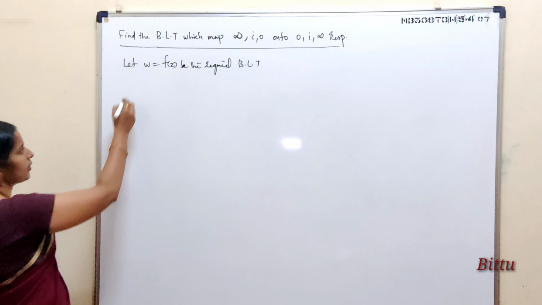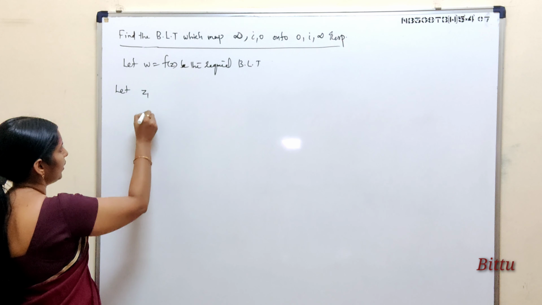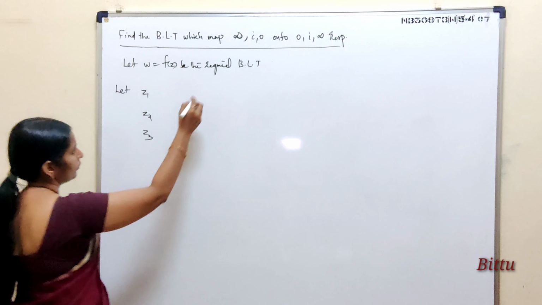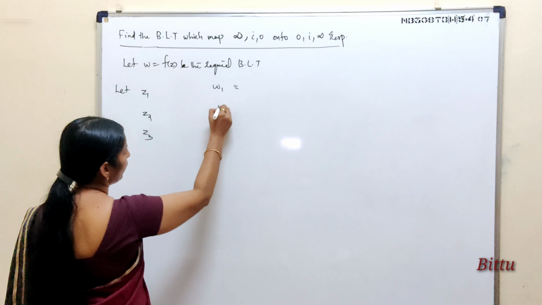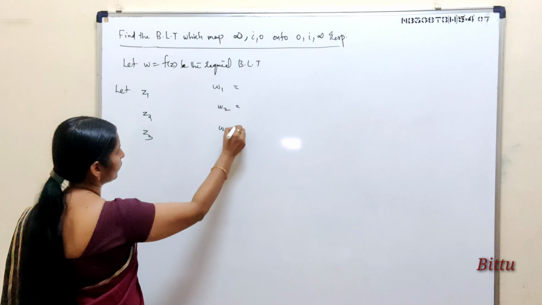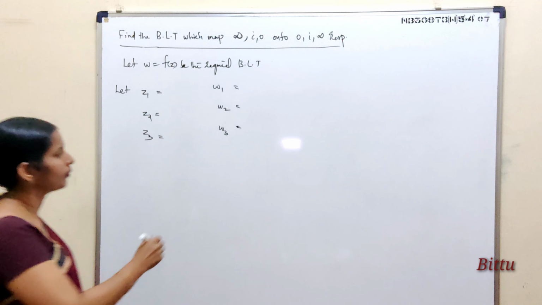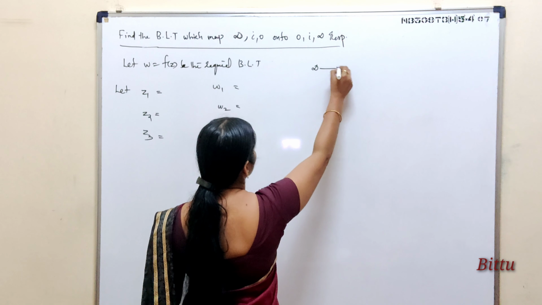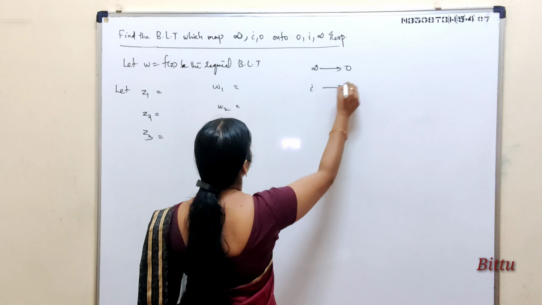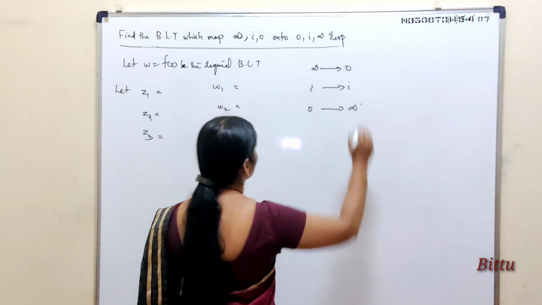Next, we have to choose z1, z2, z3. Similarly, omega 1, omega 2, omega 3. Here, infinity is mapped to 0, i goes to i, 0 goes to infinity.